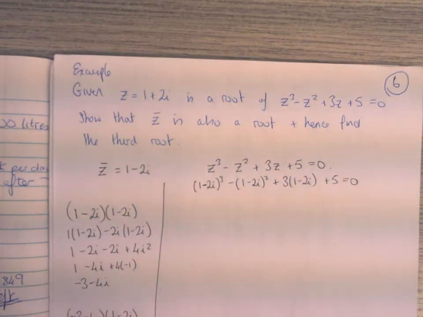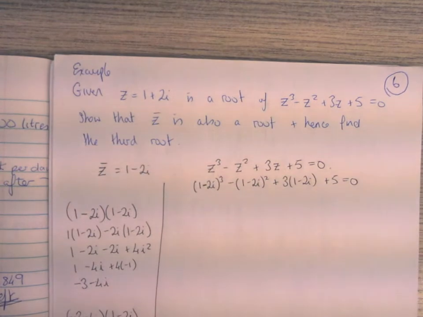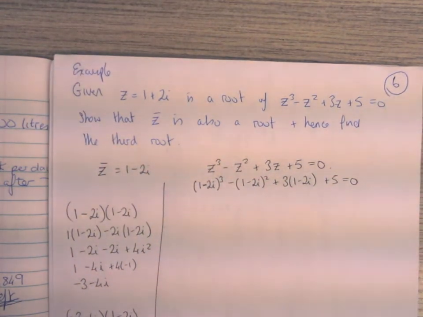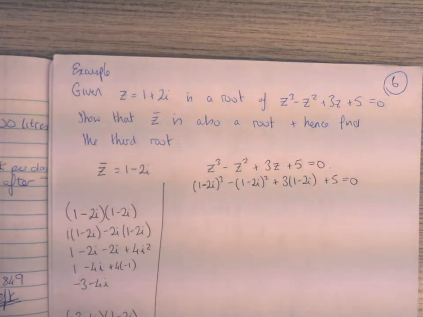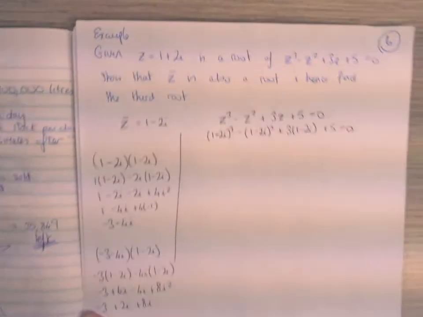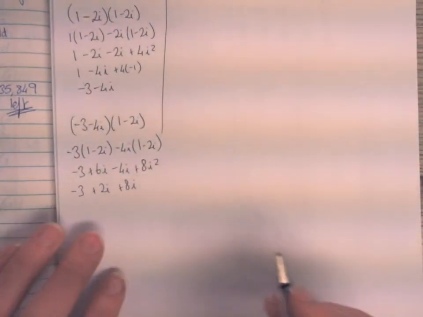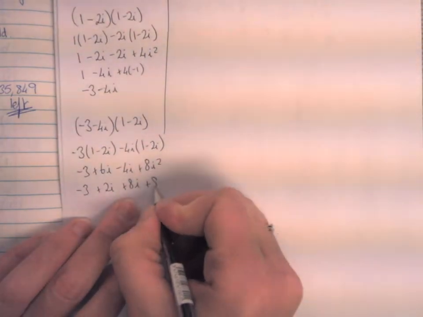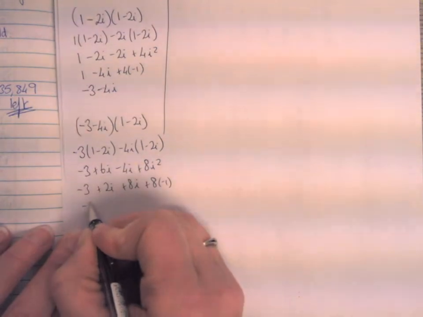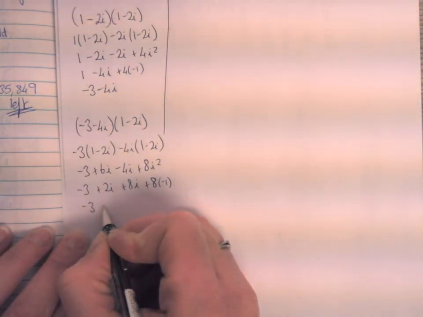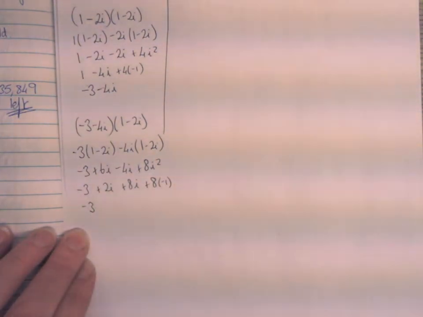So minus 3 plus 6i minus 4i plus 8i squared. Can you see what I'm doing? Sorry, what have I done there?